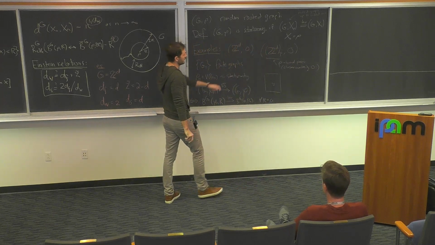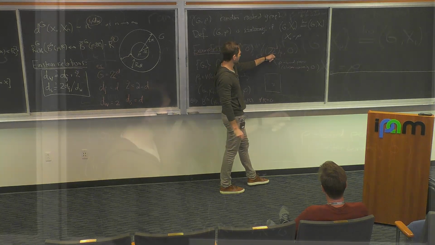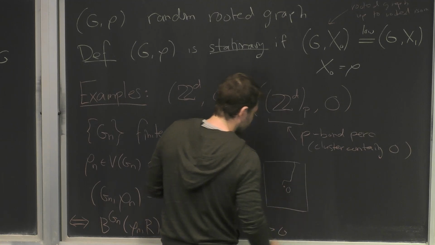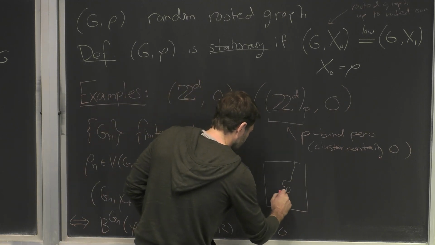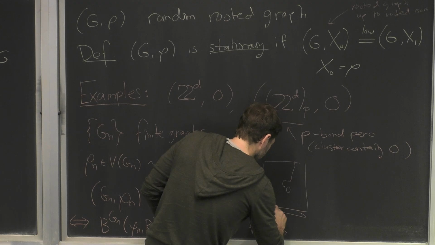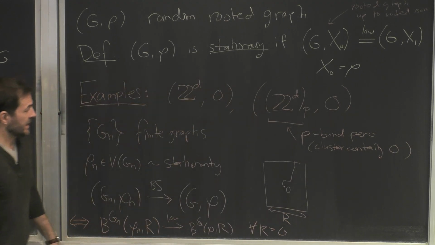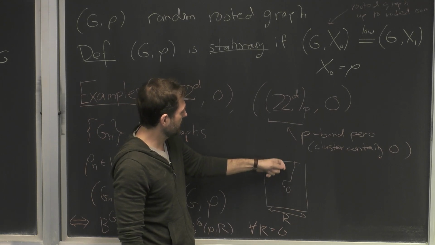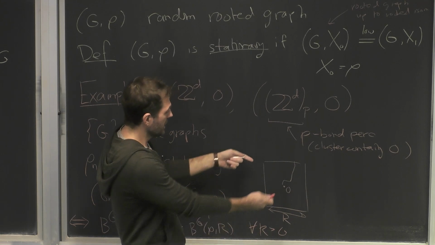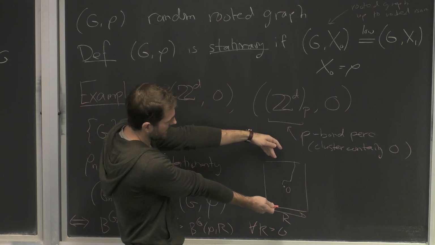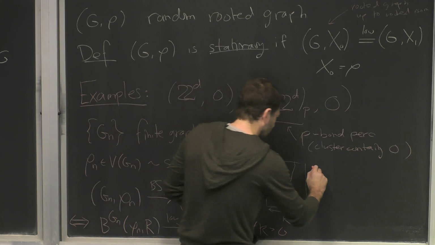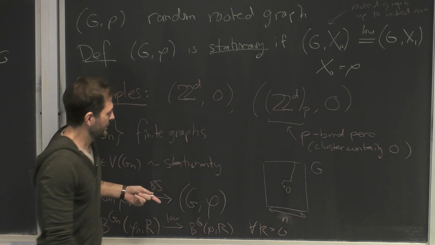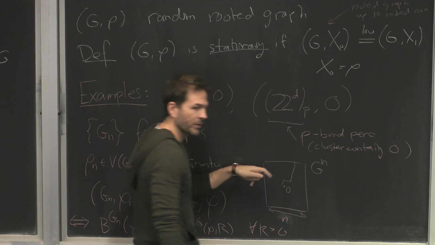Take this graph with d equals 2 and p equals 1/2, and condition on there being a path from the origin to the boundary of a box of side length r. This gives you some random graph G sub n.